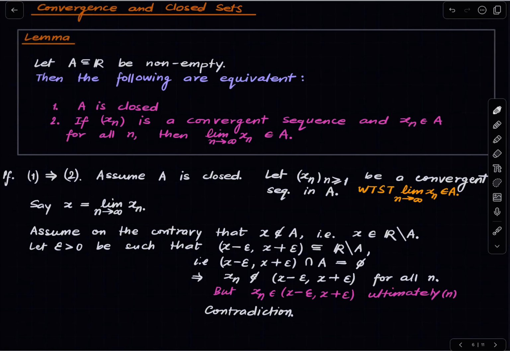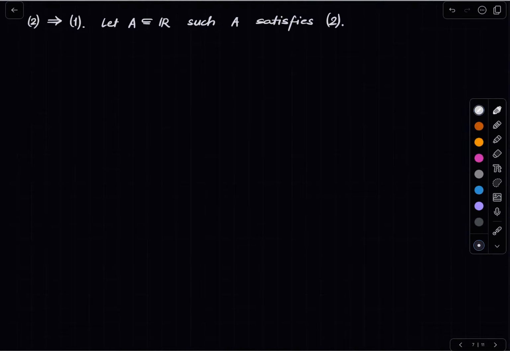So now assume 2 and we will be proving 1. So let A be some subset such that A satisfies 2. We want to show that A is closed, which is to show that the complement of A is open. All right.